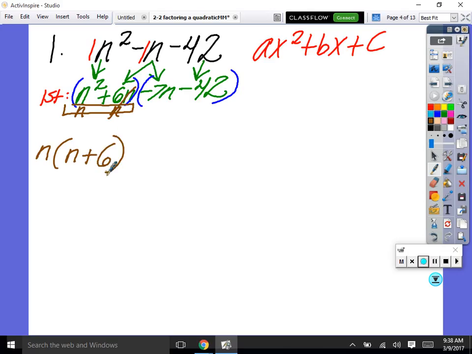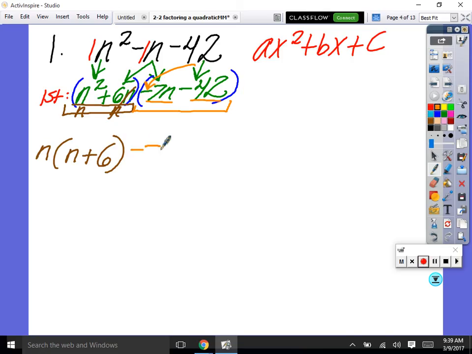Does everybody see? Now the next thing I'm going to do is focus on the next group. Ignore all that stuff. Focus on this group. What's the greatest thing in common? Doesn't 7 and 42 both divide by 7? Now if there's a negative in front, and only if it's in front, we have to pull out a negative with our factor. Remember that from the greatest common factor?